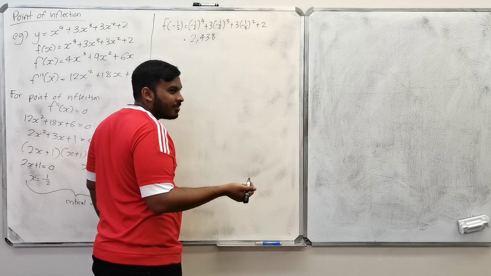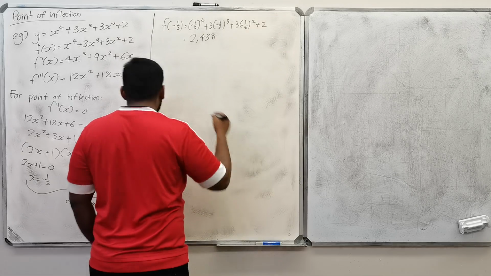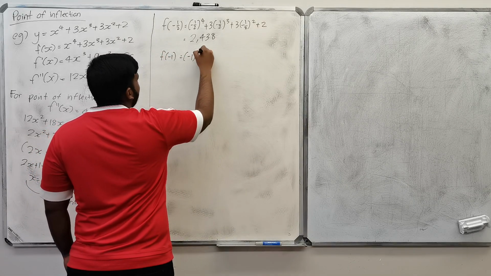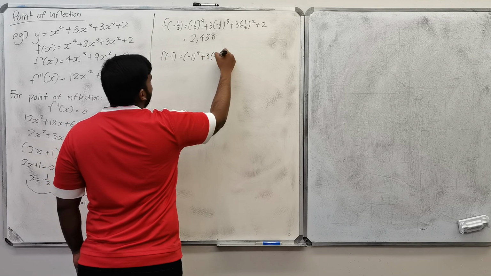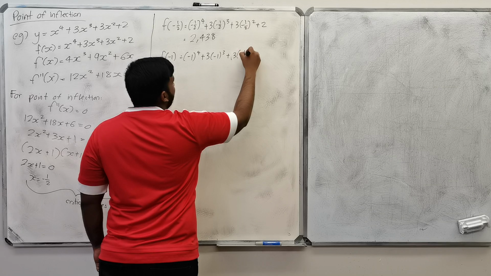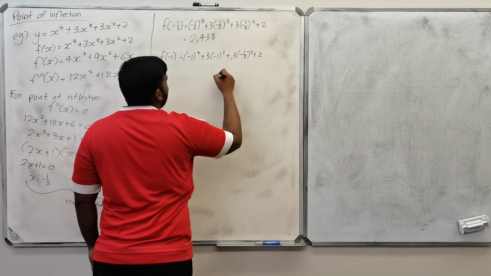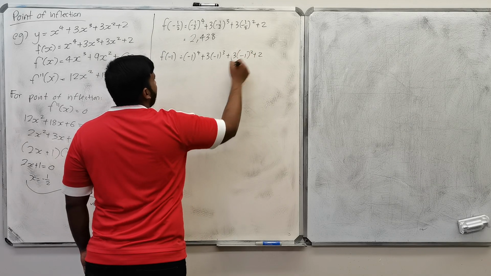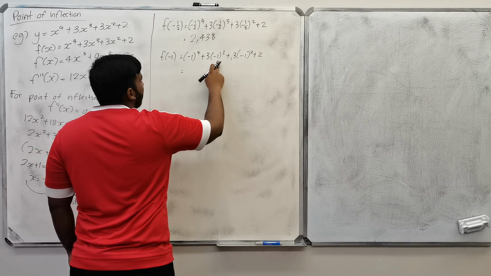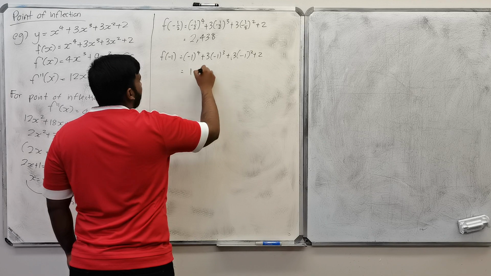Then you substitute, so now you go to the y coordinates. Minus 1 is 0. Minus 9 minus 3.